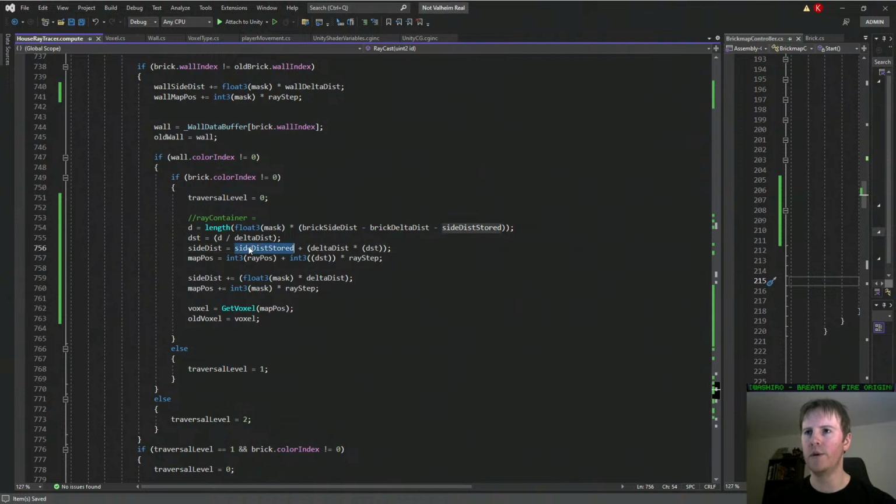So basically we should be able to just do this. Kind of. If we get rid of that, that should be possible.